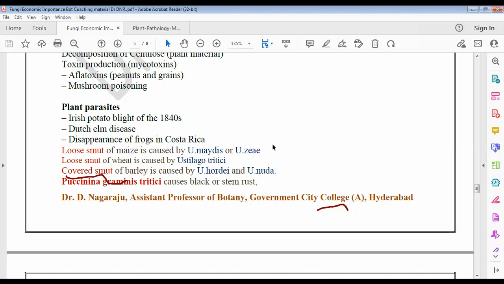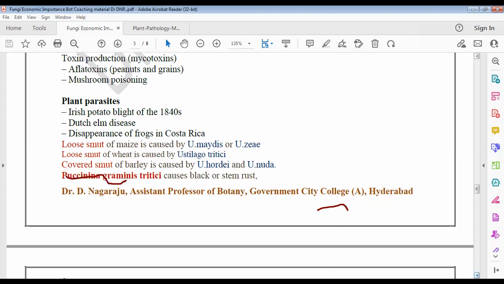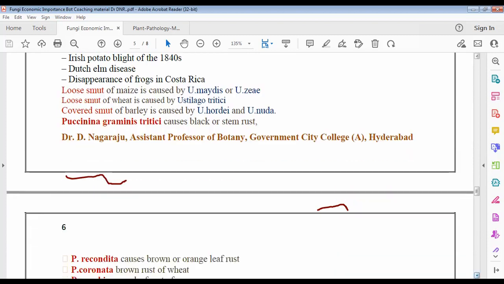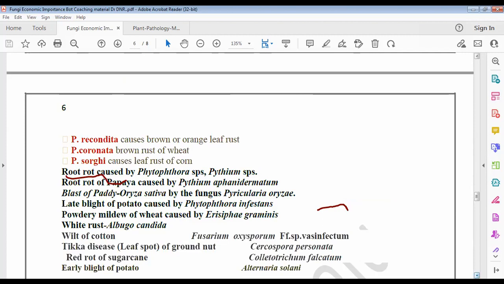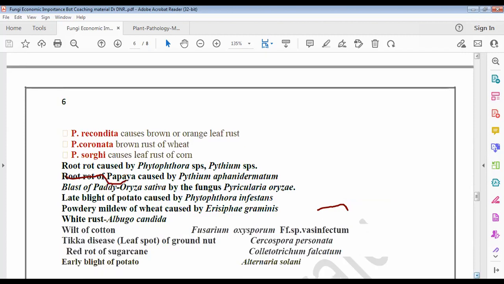Whatever the smut disease, it is caused by Ustilaginales. You know Puccinia graminis rust disease. Puccinia recondita causes orange leaf rust, Puccinia coronata causes crown rust of oats, and Puccinia sorghi causes leaf rust of corn.